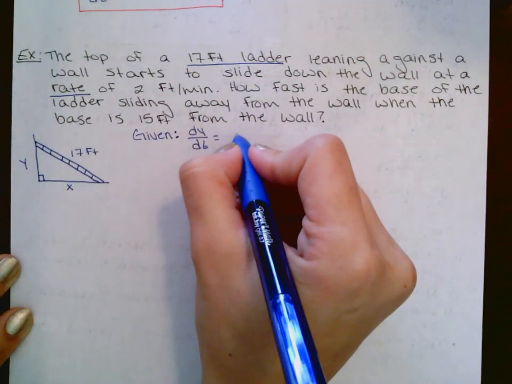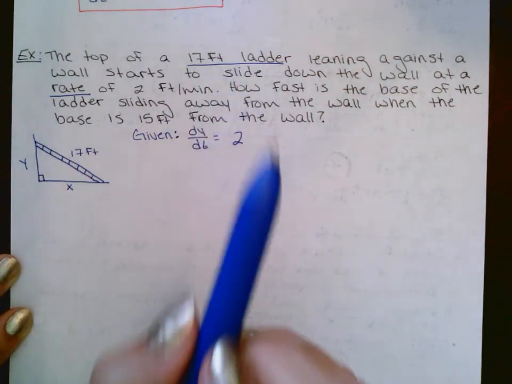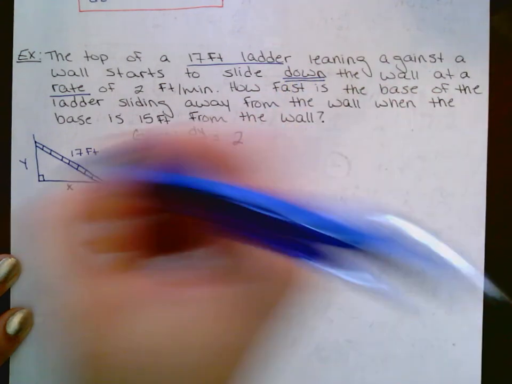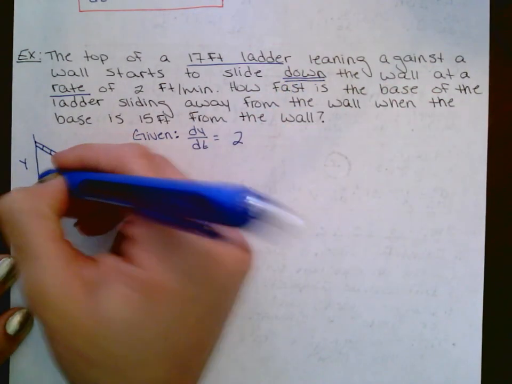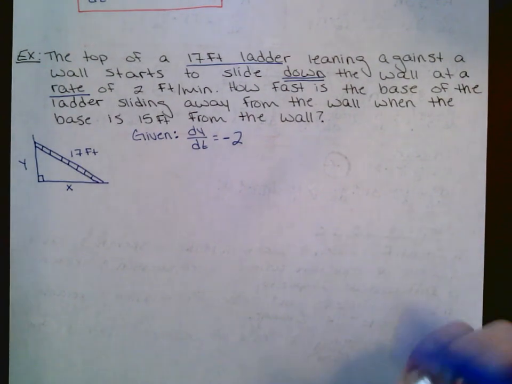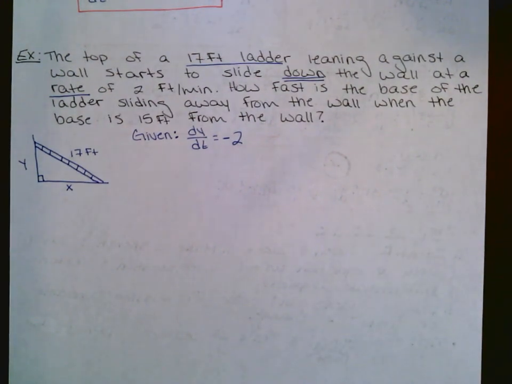I don't want you to just put the number 2 here, okay? Because there's a very important word here, that it's sliding down. So if this slides downward, then it's going in the negative direction. So dy dt is going down. Anytime you see the words down, left, decreasing, those are words to clue you in to put a negative, okay?